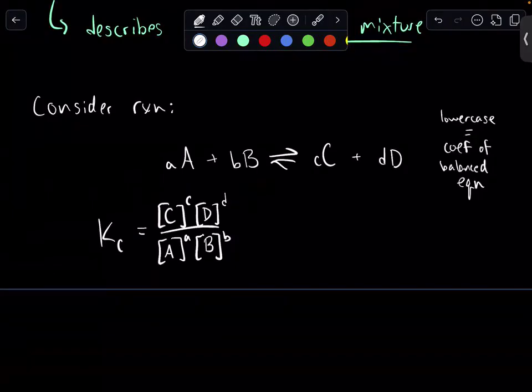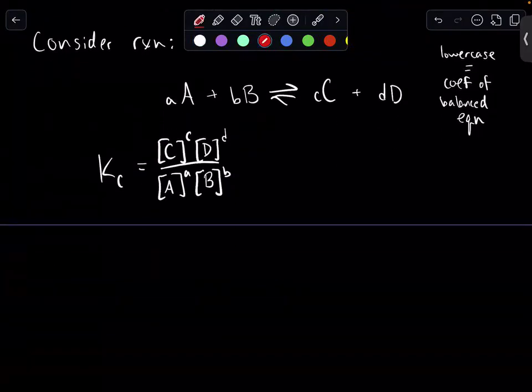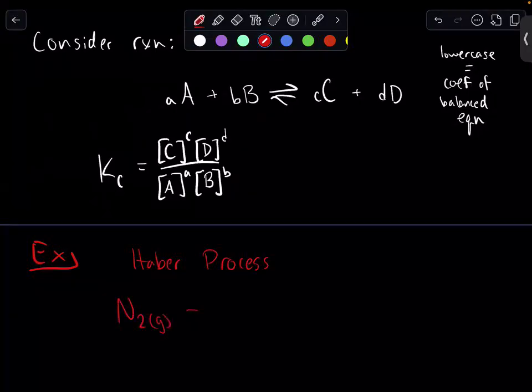So if we are to do this in an example, if we were to determine the equilibrium constant for something such as the Haber process, we can look at nitrogen gas plus 3 hydrogen gas reacts to form 2 ammonia gas.